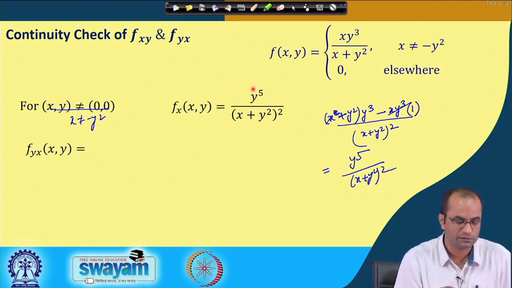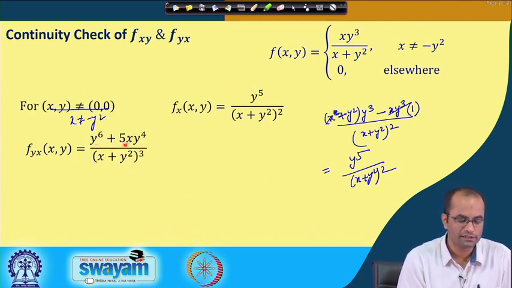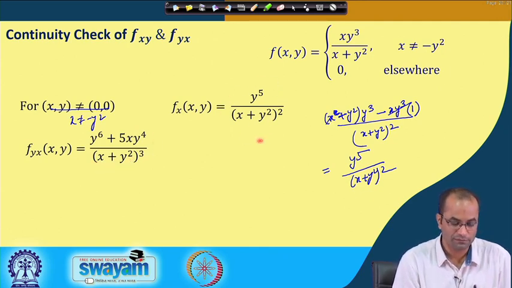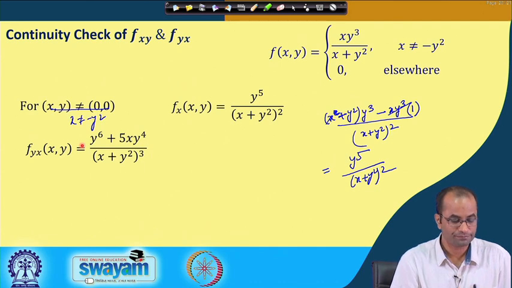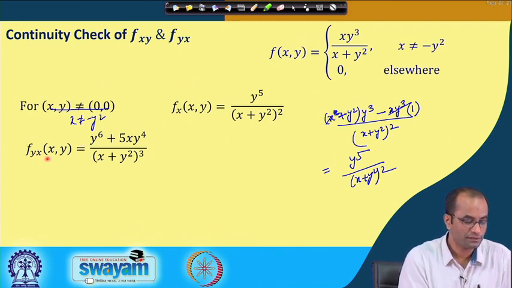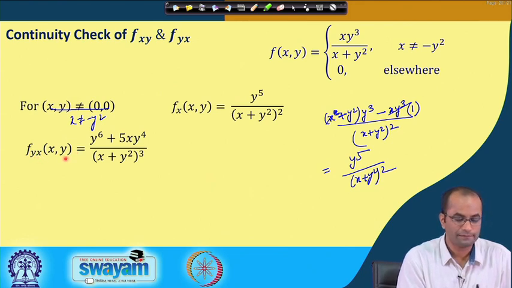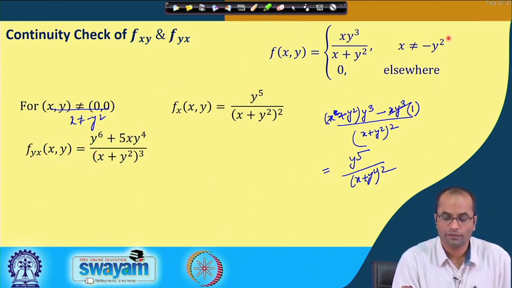Now, the function is this one, we will get here y^6 plus 5 x y^4 over (x plus y square) cube. When we take the derivative of this one with respect to y, keeping x as constant, we will get this term here. So, we have this partial derivative f_yx at a point (x, y) when x is not equal to minus y square.